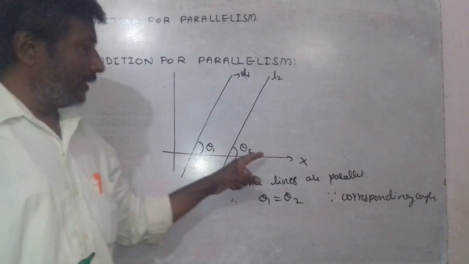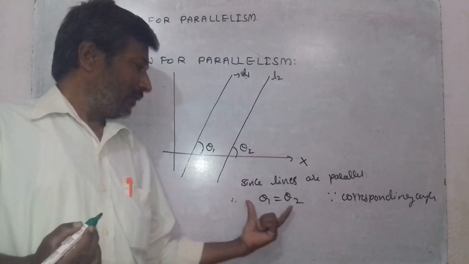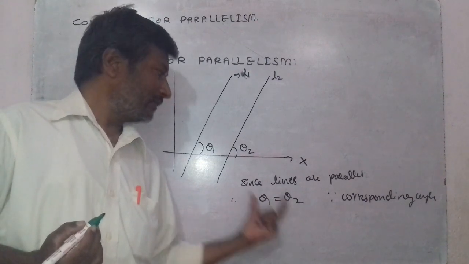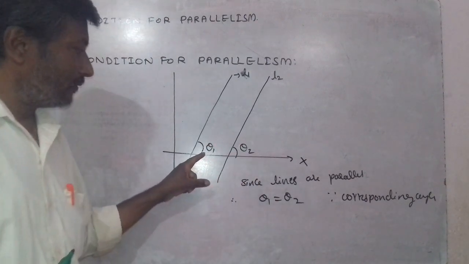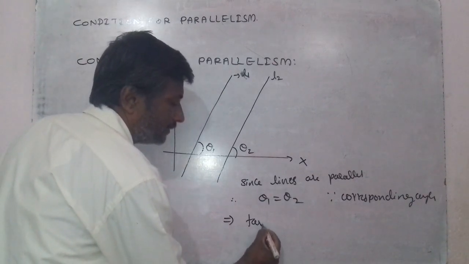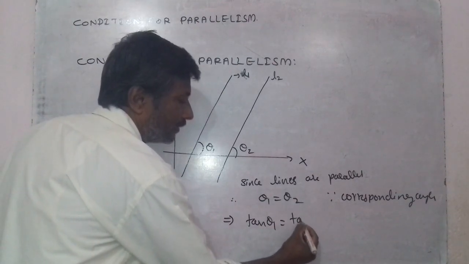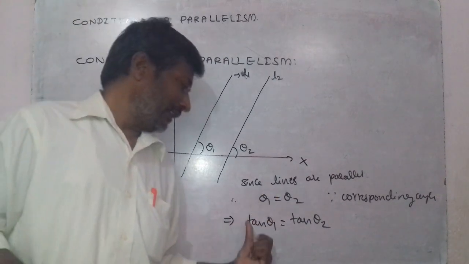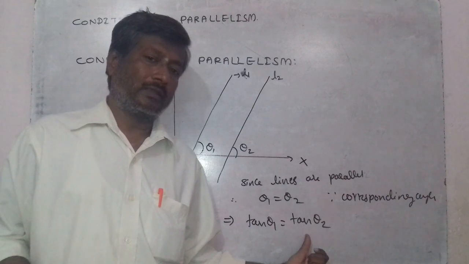So if theta 1 and theta 2 both are equal, the lines are parallel. So therefore, this implies tan theta 1 equal to tan theta 2.